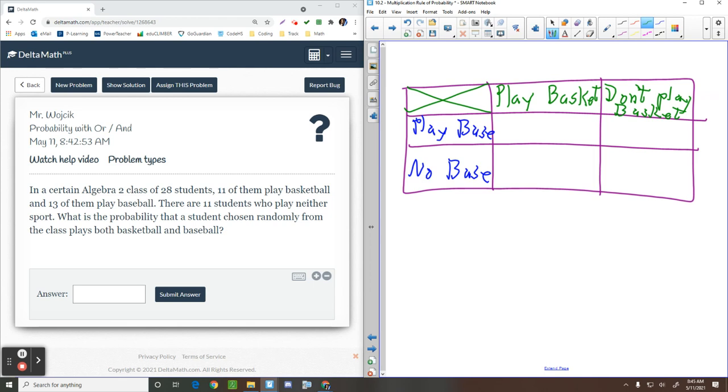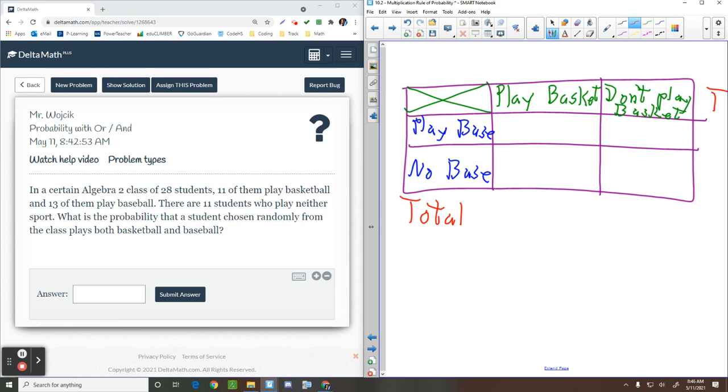Now we know we have a total of 28 students. It says 11 of them play basketball. So how many total kids play basketball? Well, I guess we're going to have a total column too. Total. So there's a total of 11 students who play basketball.